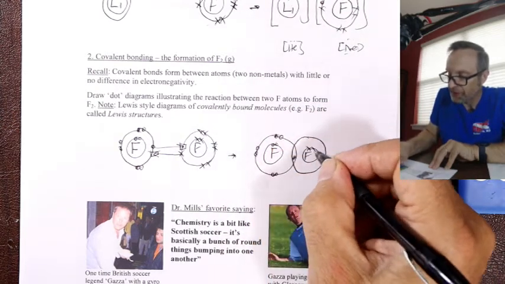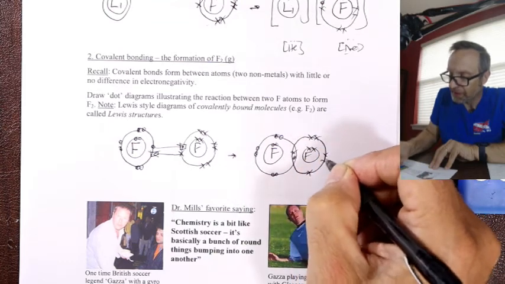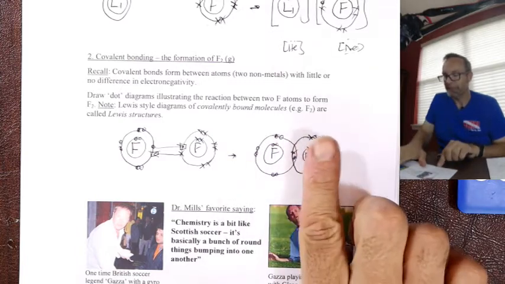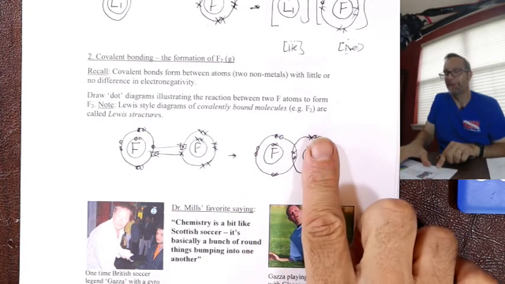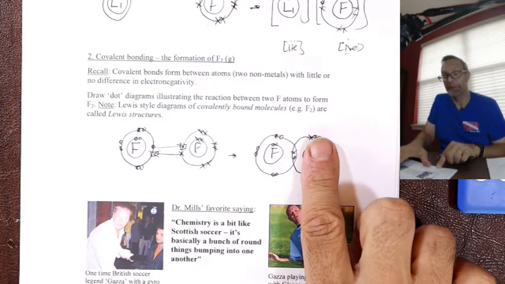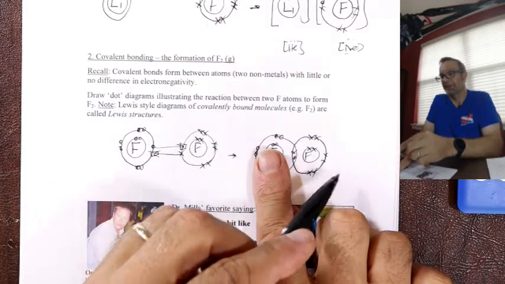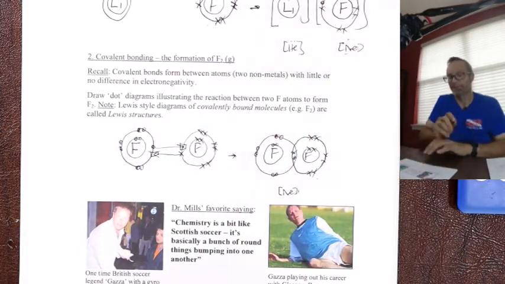And then here, 1, 2, 3, 4, 5, 6, 7, 8, 9. So by sharing, we have a complete outer layer. If I think about that overlap as a shared region of space, both owning it, this atom has 8 on the outside, this atom has 8 on the outside, acquired by sharing. They're both isoelectronic with neon.